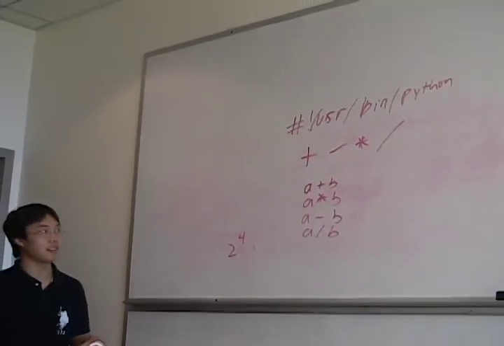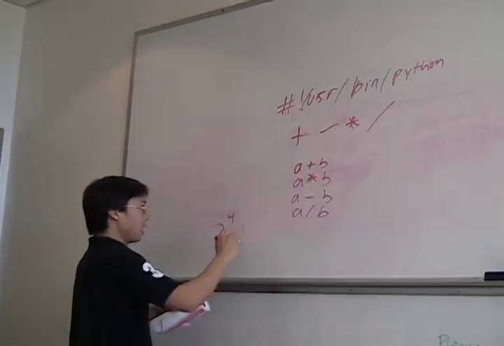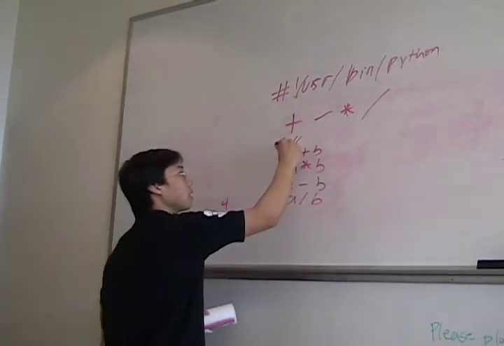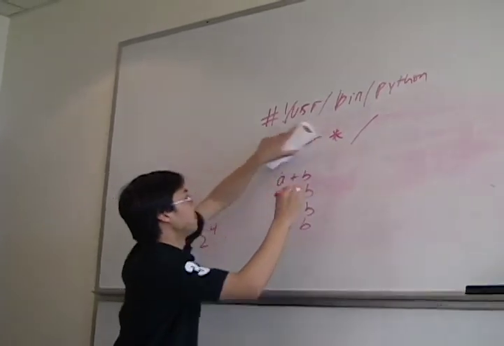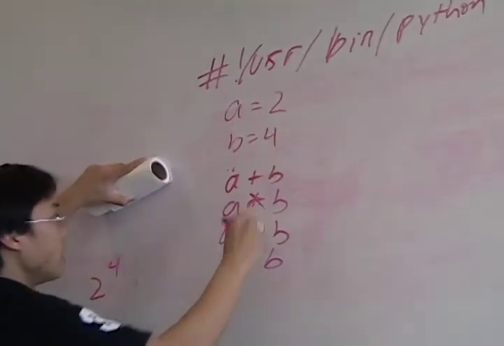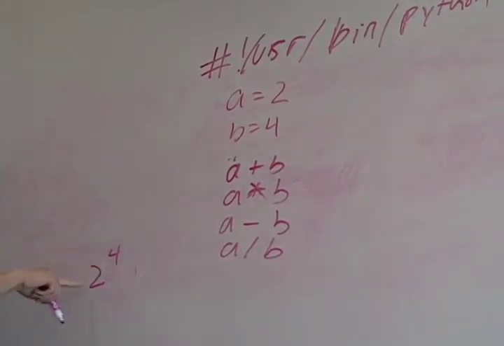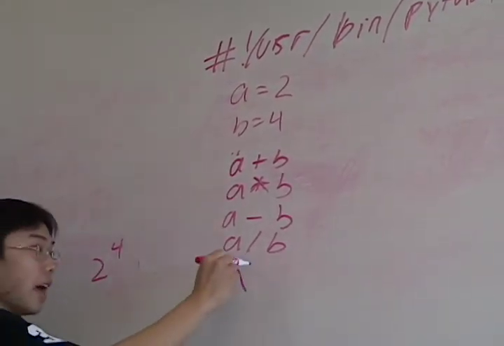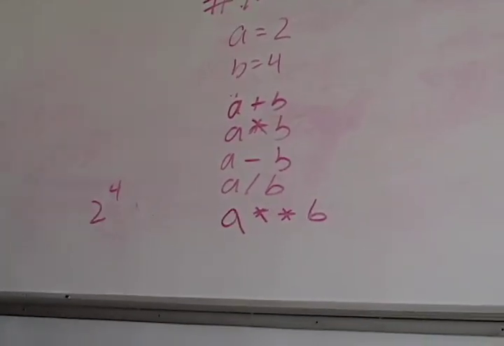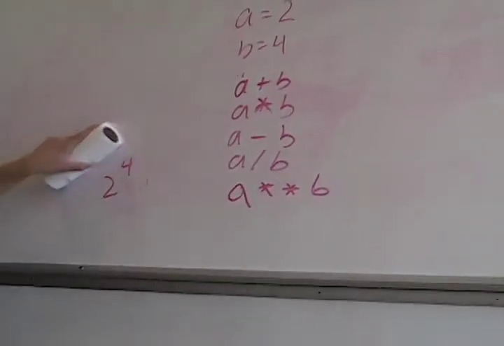In Python, let's say a is equal to 2 and b is equal to 4. To get the power, 2 to the 4th power, you do a star star b. That's pretty convenient.